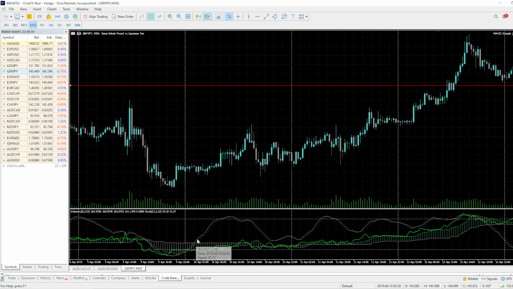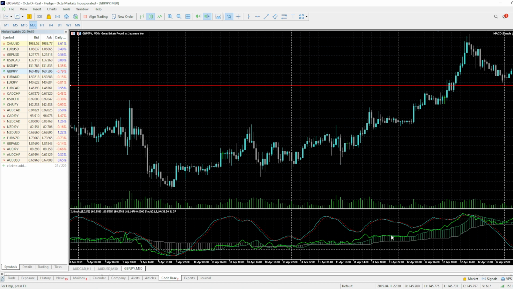So when the stochastic exits from the cloud to the upside, okay, any time it's a re-entry you can call, or it's like the trigger point. It's going to show you, anytime the Chikou span takes exit from the cloud, you go for buy. If it's inside and takes exit outside, you go for buy.